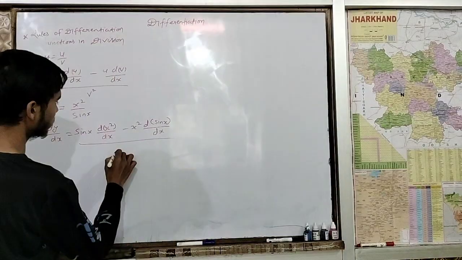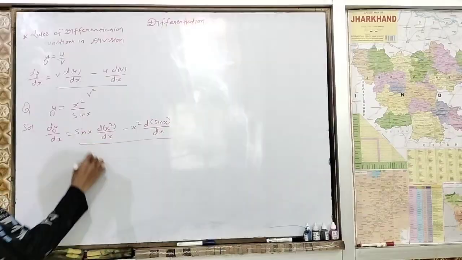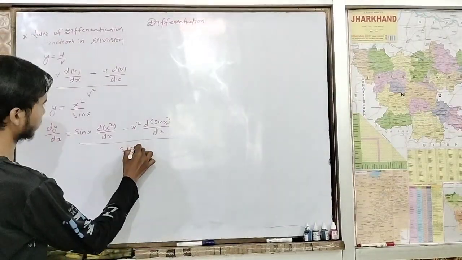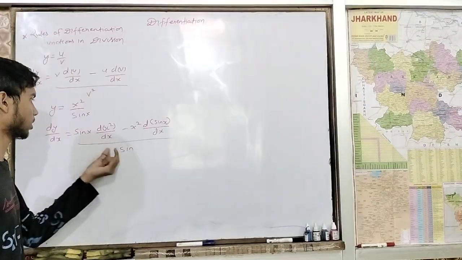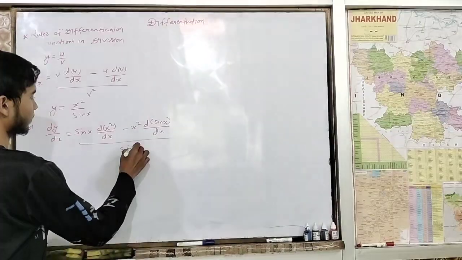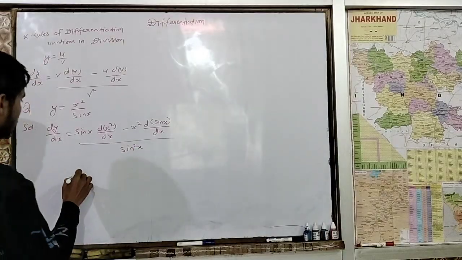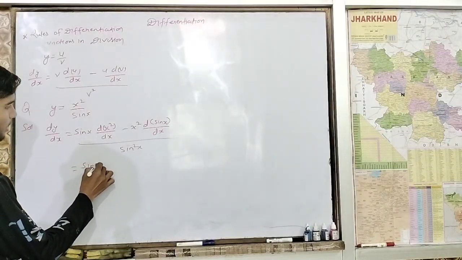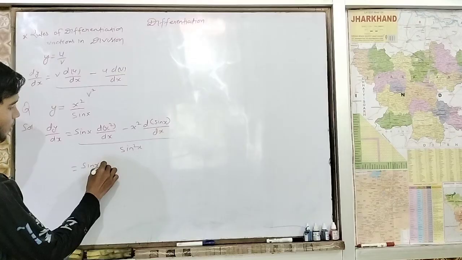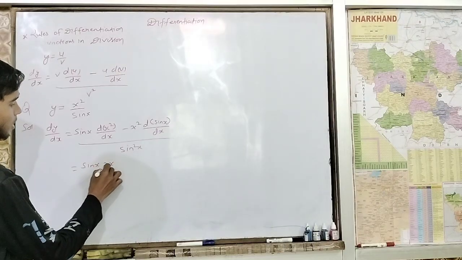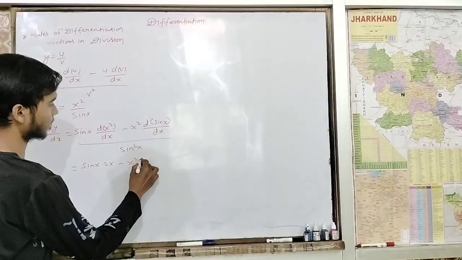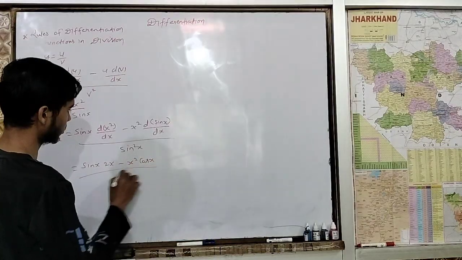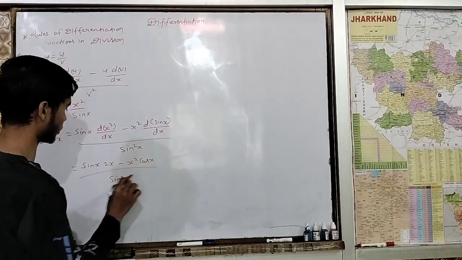Now this upon the denominator squared, but here we are not differentiating the denominator, sin squared x. So sin x will be as it is, the differentiation of x squared will be 2x, minus x squared, then the differentiation of sin x is nothing but just cos x, upon sin squared x.